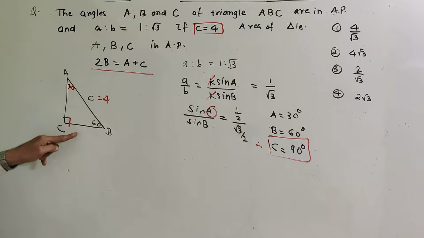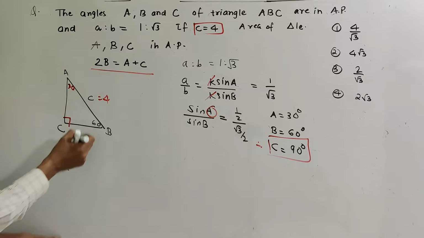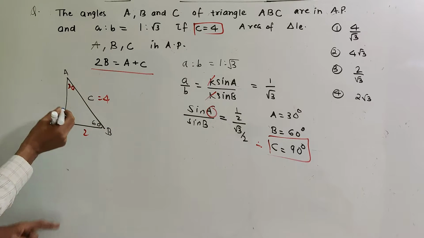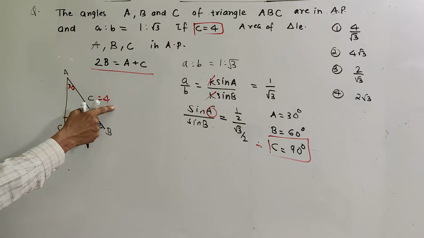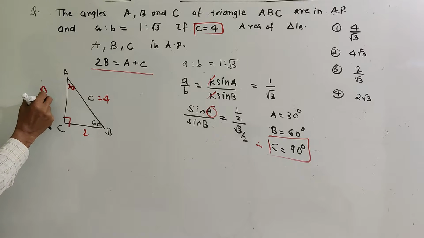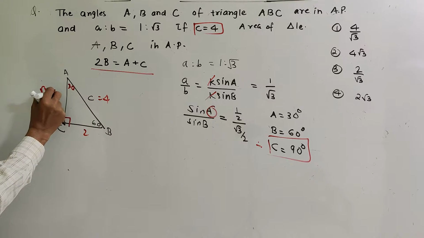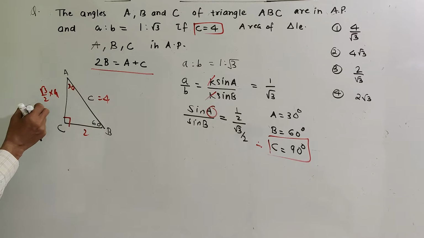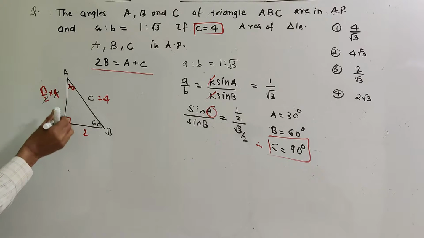The side opposite the 30 degree angle will be half of the hypotenuse, which is 2, and the other side will be root 3 by 2 times the hypotenuse. So this side is 2 root 3.